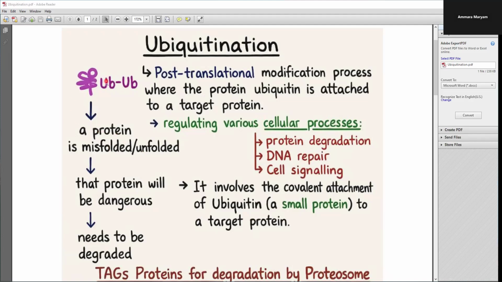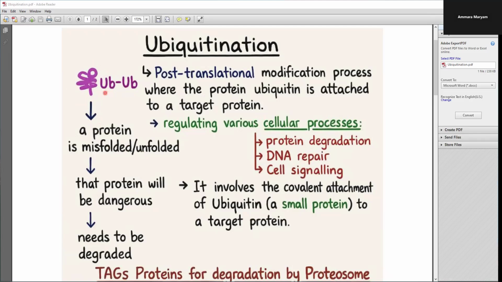Now this protein is not useful. This protein will not be good for our cell. It will be dangerous for our cell. Now this protein needs to be degraded. So how will this protein be degraded? Now we need to modify this protein. What will we do? We'll add a ubiquitination tag.